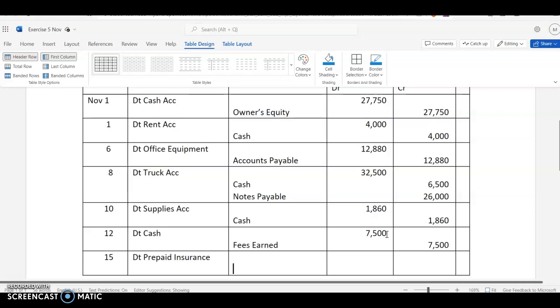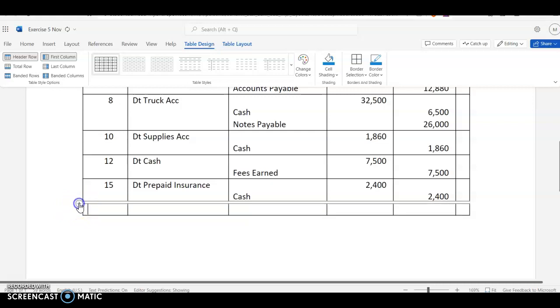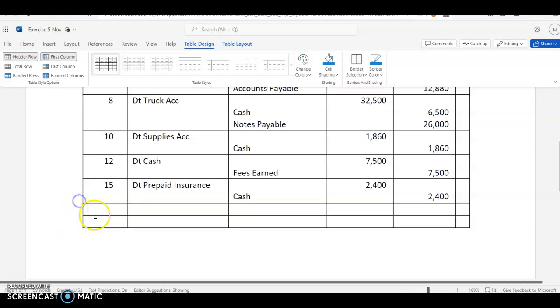Credit cash. How much? 2,400. Credit 2,400. Okay, add some more.